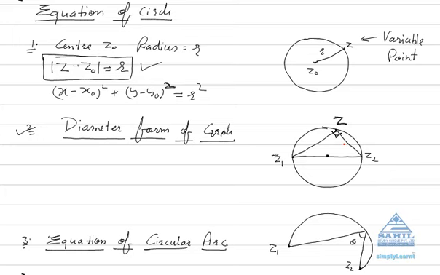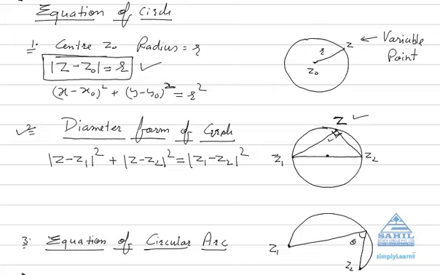Z is a variable point again, so modulus of z minus z1 whole square plus modulus of z minus z2 whole square equals modulus of z1 minus z2 whole square. If you put the values of z, z1 and z2, you will again find the equation of the circle in Cartesian form.